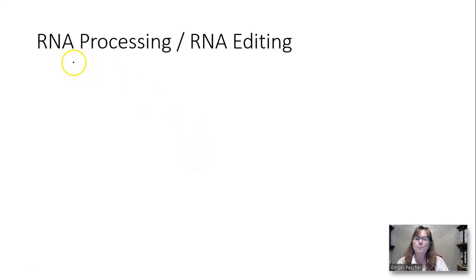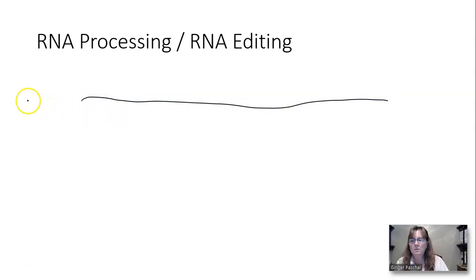Now we've got RNA processing or RNA editing. So basically what we've got going on here, we've got a long molecule. This is a pre-mRNA. So it's not quite ready to be called an mRNA. So if you take this and you divide it, I don't know, let's go 1, 2, 3, 4, 5.